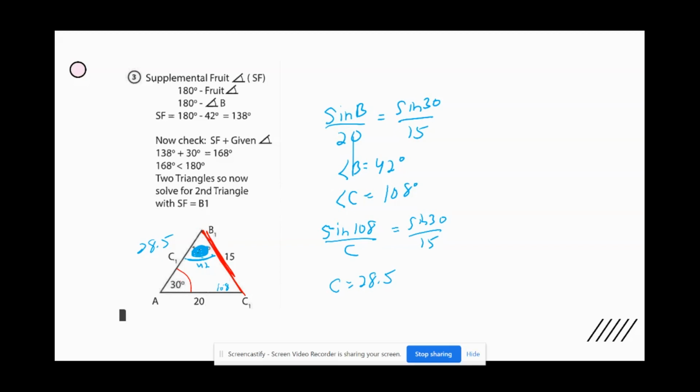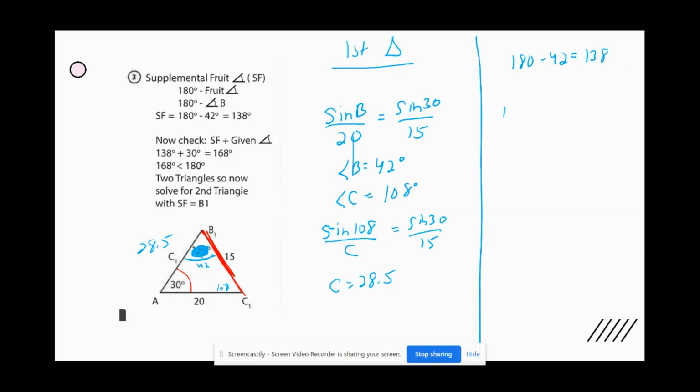Now, from that, we clearly have one triangle, but we want to see if we can go ahead and solve for the second triangle. So what do we do? Take your 42. So here's my first triangle. Take your 42 and subtract from 180, and you get 138.